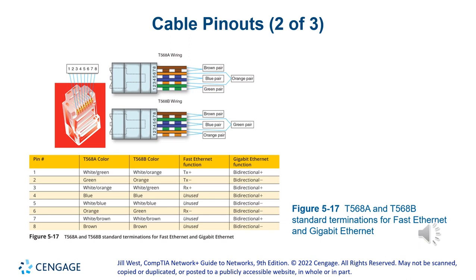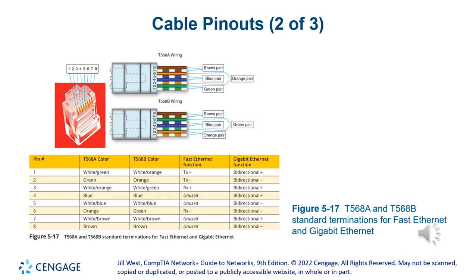The difference between 568A and 568B is the position of the green and the orange pair. On 568A, green is on the first position, pair 1 and 2, and orange is split into 3 and 6 because you've got the blue in the middle. On 568B, orange goes first, and then green is the one that gets split between 3 and 6.